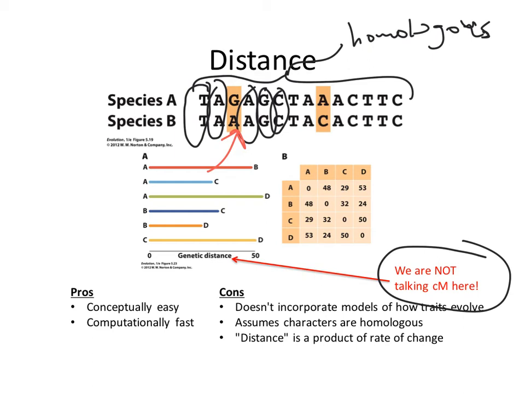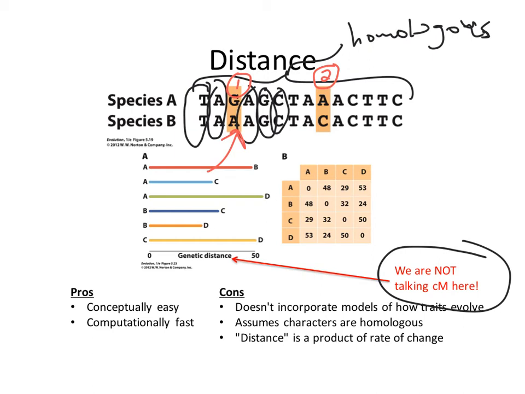You're more likely to see maybe A's turn into T's than A's turn into G's. And simple distance methods don't account for that. We're just counting numbers of changes. We don't have any information in here about how likely any of these changes are to occur. So in other words, this G to A change, SNP1, single nucleotide polymorphism 1, is counted, weighted exactly the same as the second mutation, A to C or C to A.